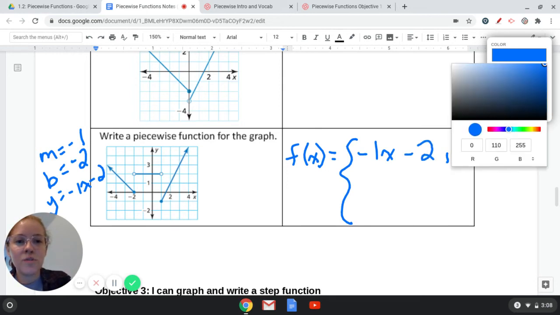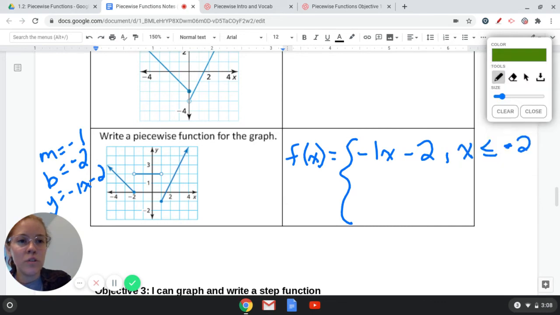Now I'll change colors to represent we're going to move on to the middle function. A weird green color. Okay. So I'll just put my work down below. All right, what is the slope of a horizontal line? Actually, let's first do the domain. Okay, this goes from -2 to 1.